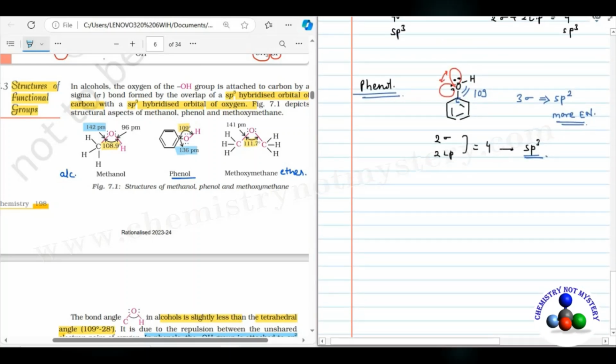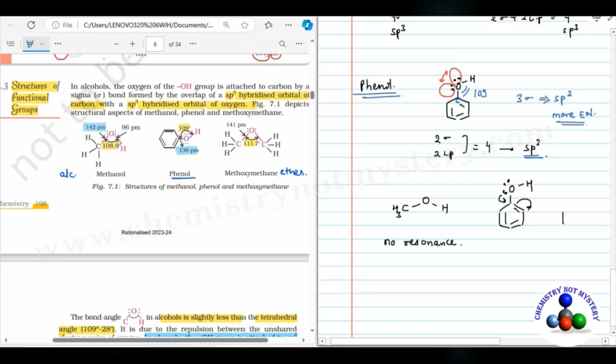In the case of methanol, CH3OH, there is no resonance. While in the case of phenol, OH, there is resonance. So the lone pair of oxygen participates in the resonance of the benzene ring.